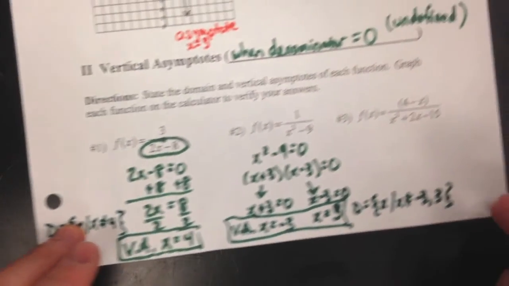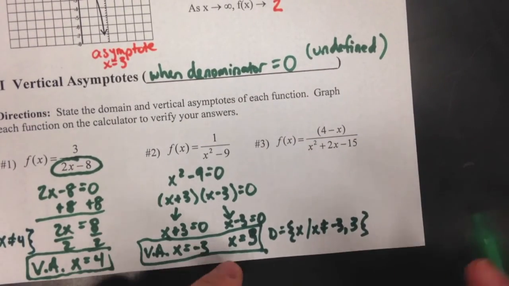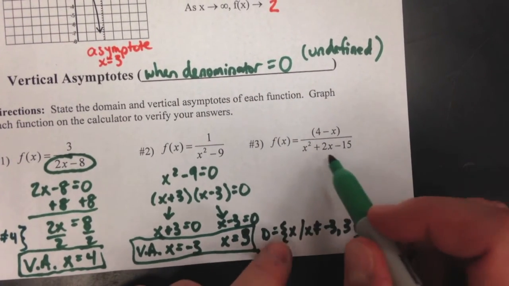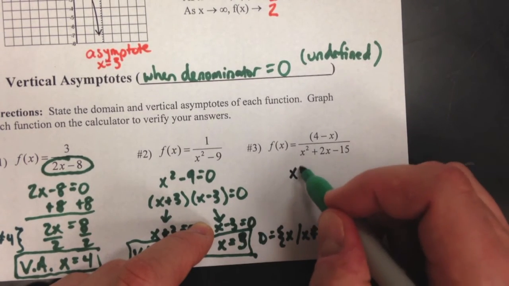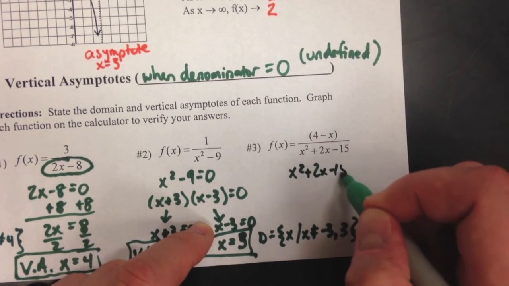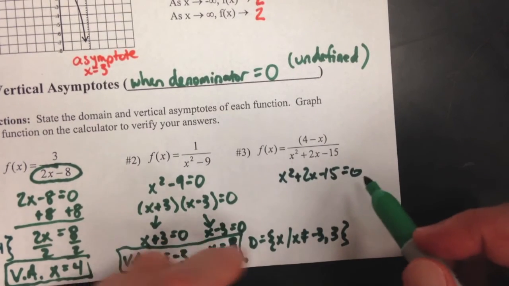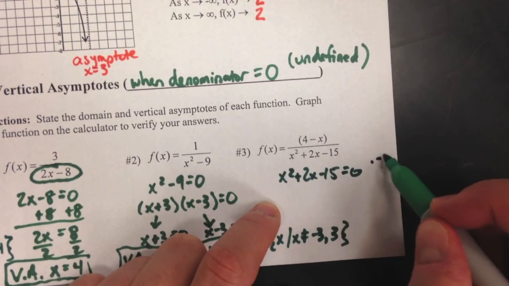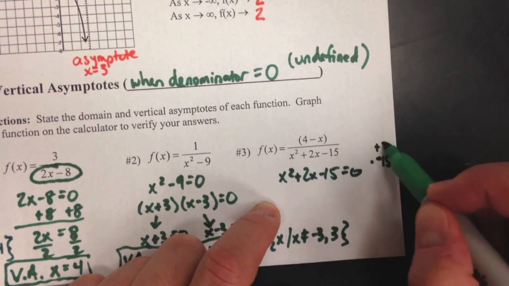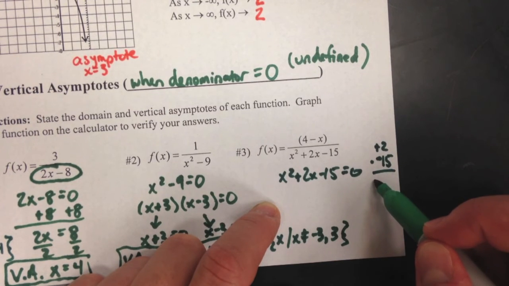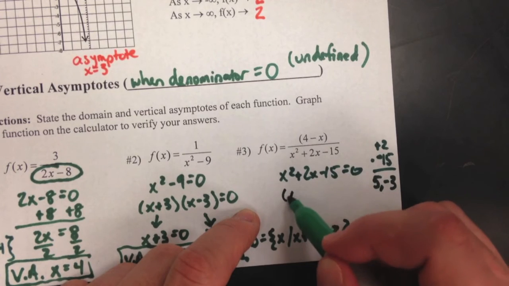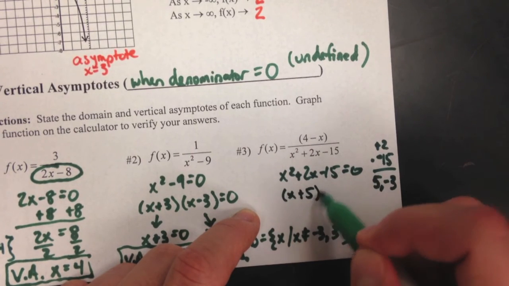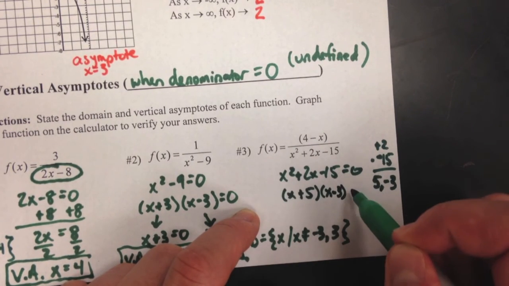All right, so let's do the last one here, number 3. Again, it's a factoring problem. It's a trinomial. Let's go ahead and factor that. I'm going to set that equal to 0. I'm looking for two numbers that multiply to negative 15 and add up to 2. My combination will be positive 5 and negative 3. So that's x plus 5 times x minus 3 is equal to 0.